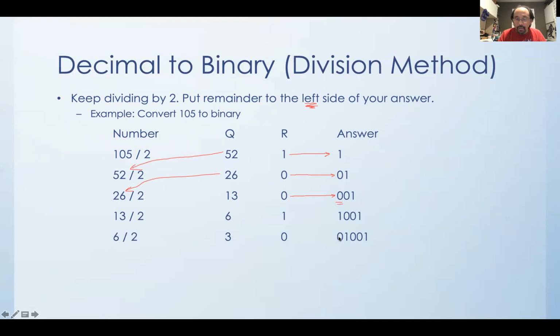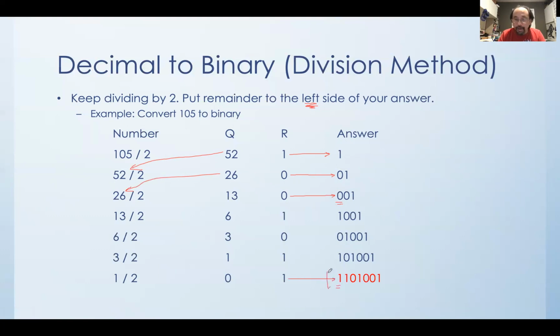So I add that 0 here. 3 divided by 2 has a remainder of 1. So I add that 1 right here. And then one more time, 1 divided by 2 is 0 with a remainder of 1. And I put that last and final 1 over here.